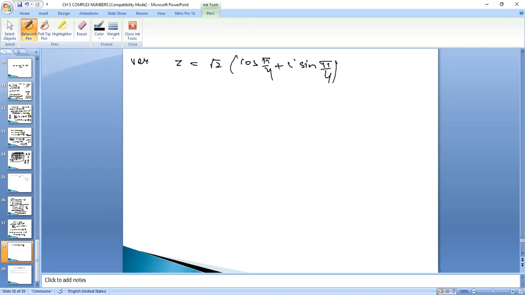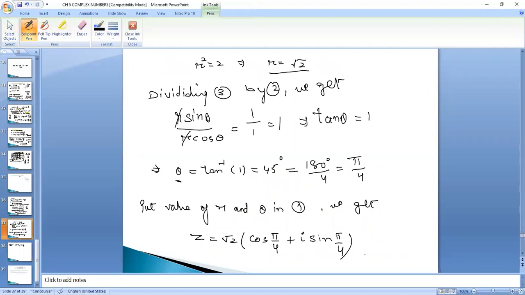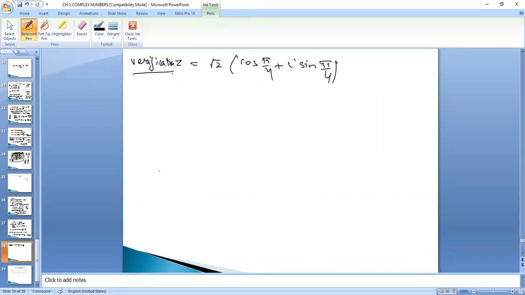Then we will be doing the verification. Our answer is up to here. This is our answer, that we had to convert it to polar form, and we have converted it successfully. Now next is the verification.